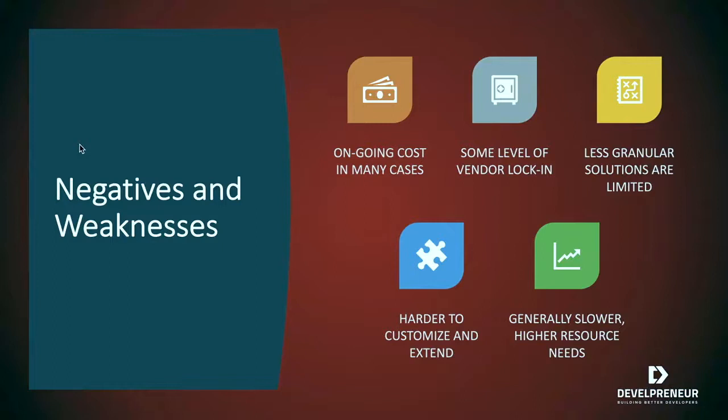With code generation, less granular solutions are limited. And by that I mean there's sort of a baseline. While we talked about a baseline of quality, there's also a baseline of complexity that the application is going to have.